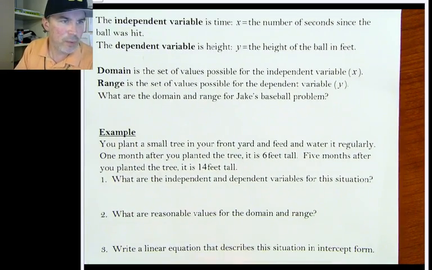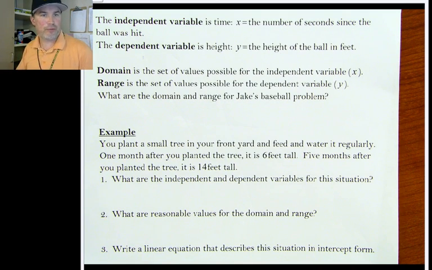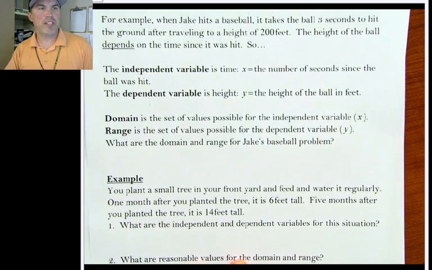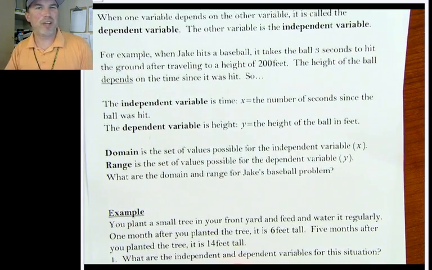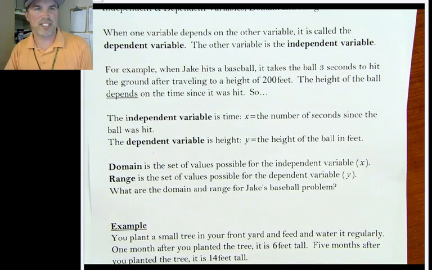All right. We are planting a small tree in our front yard, and we're going to feed and water it regularly. 1 month after you planted the tree, it's 6 feet tall, and 5 months after you plant the tree, it's 14 feet tall. So the first question we need to ask ourselves is, what are the independent and dependent variables for this situation? If we go back to those definitions, it's easier to locate the dependent variable first.